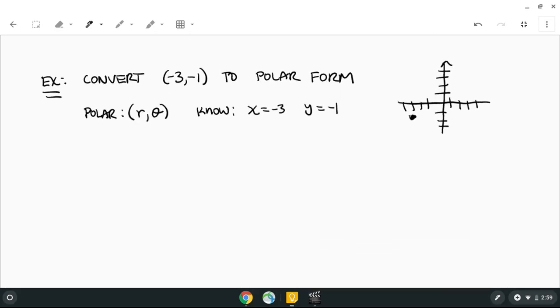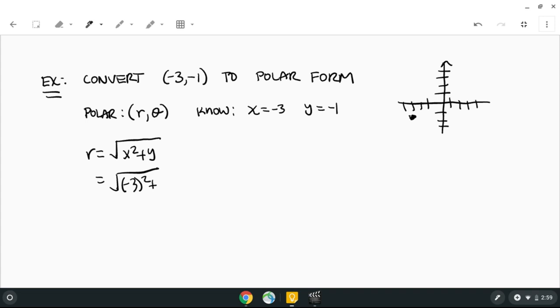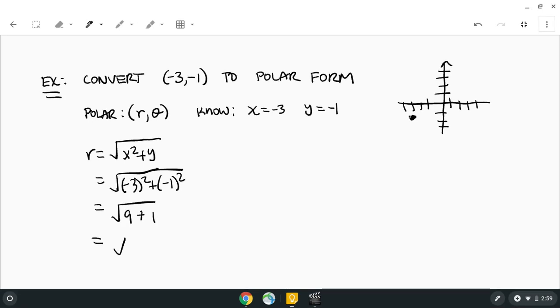So we can get the radius easily. Let's go ahead and plug in for our x and y. So we get that r is square root 10.